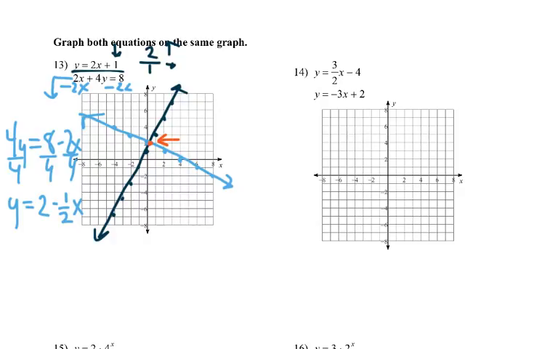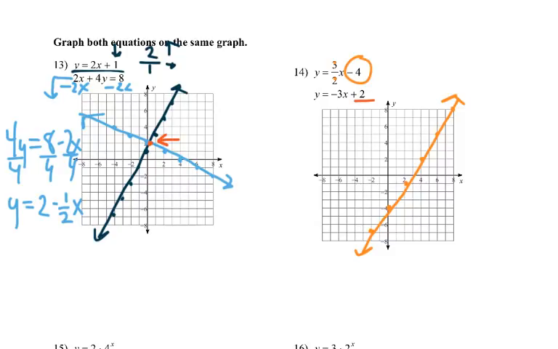Okay, now 14, same idea. Start at negative 4. My slope is positive 3 over 2, so I go up 3 to the right 2. Remember, the number on top always tells us how far up or down we go. Where I go backwards, down 3 to the left 2. There's my first one.